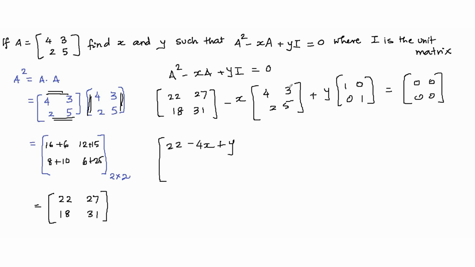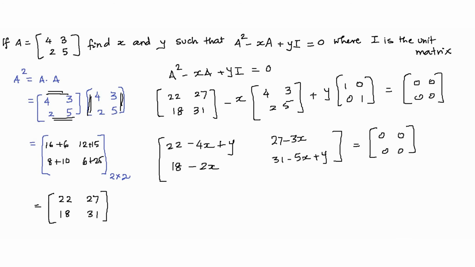Then we have 27 minus x into 3 is 27 minus 3x. Then we have 18 minus x into 2 is minus 2x and y into 0 is 0. Then we have 31 minus 5 into x is minus 5x and plus y into 1 is plus y, equal to 0, 0, 0, 0, right?